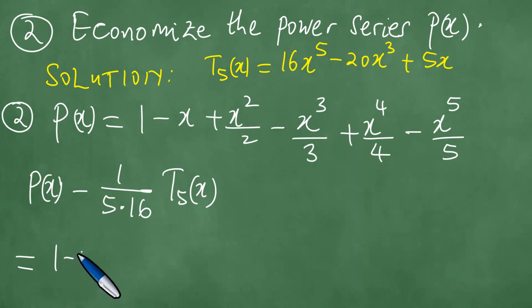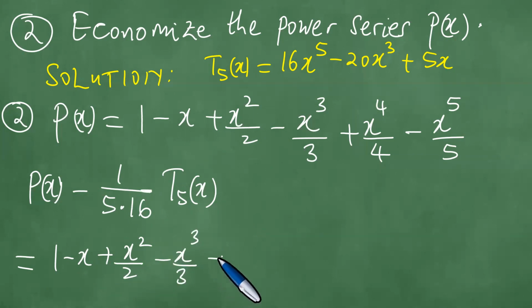The P of x is 1 minus x, and then you have x squared out of 2, and then we have x cubed out of 3, and then that is P of x. And then you have x to the 4th power out of 4, and then x to the 5th power out of 5. So you multiply these by that.